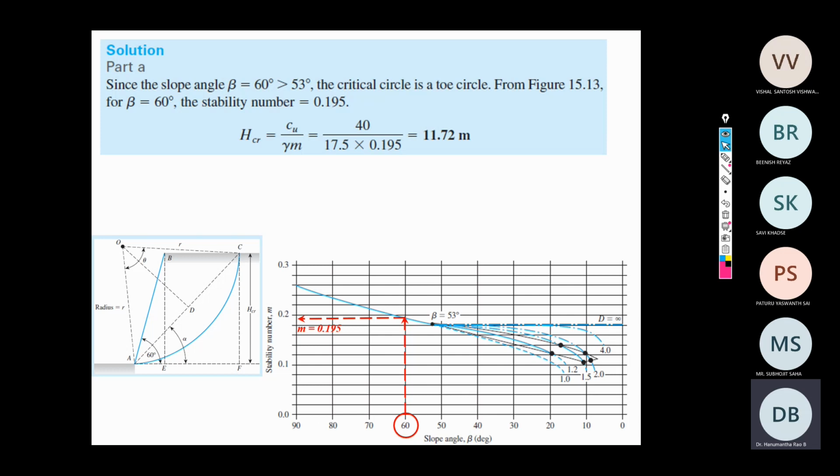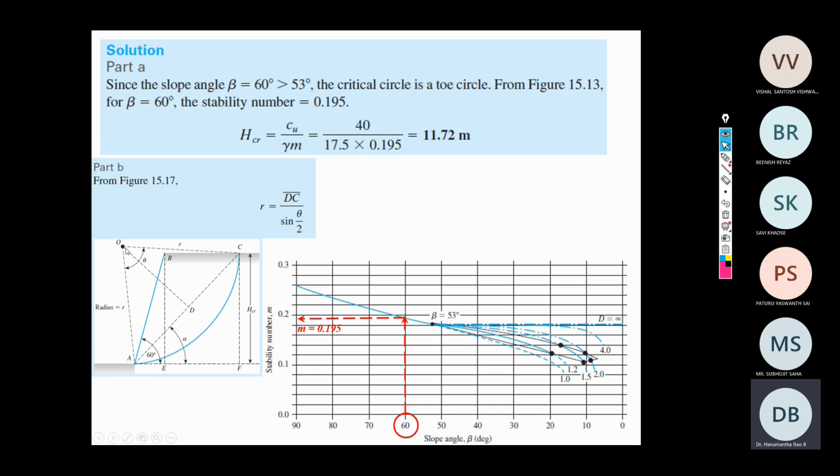Now part B of this question is, what would be the radius? In order to determine the radius, you need to draw some simplifications in the form of triangles.